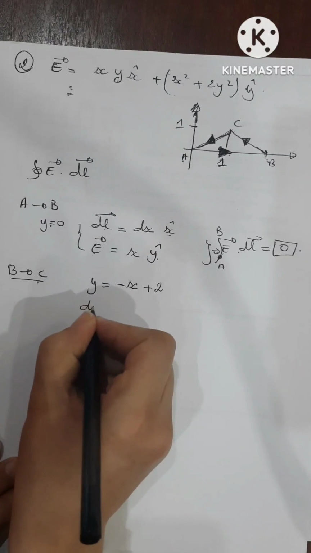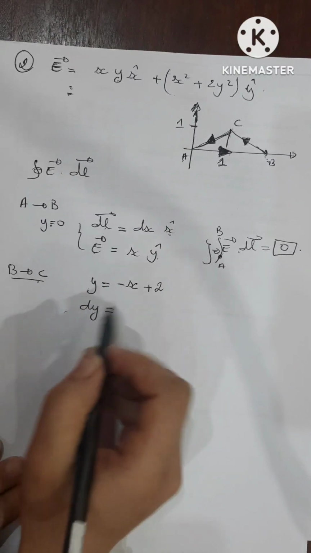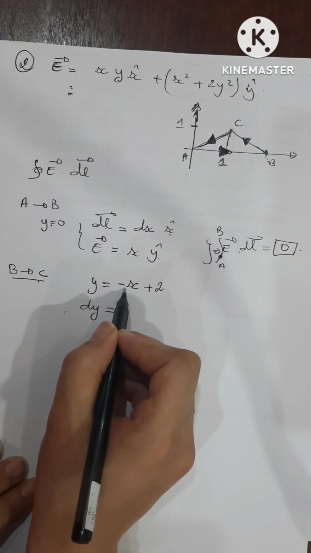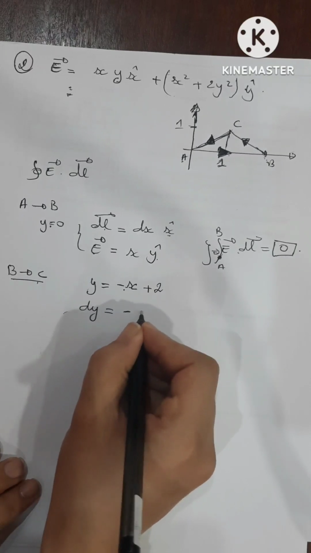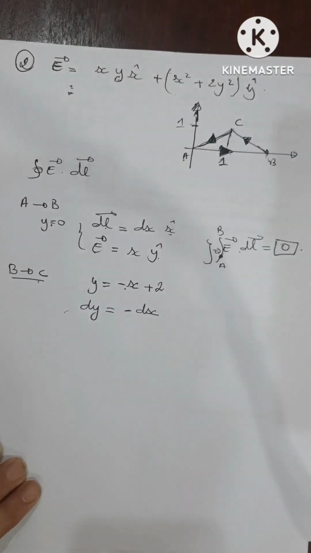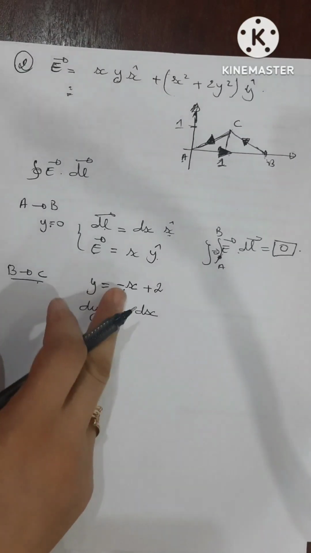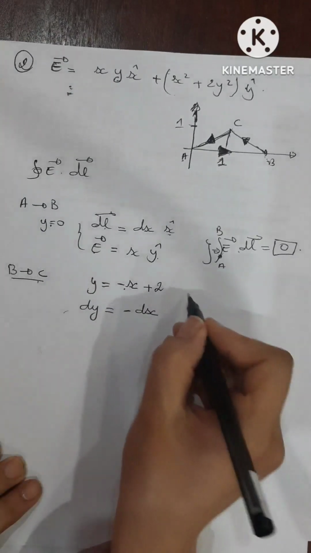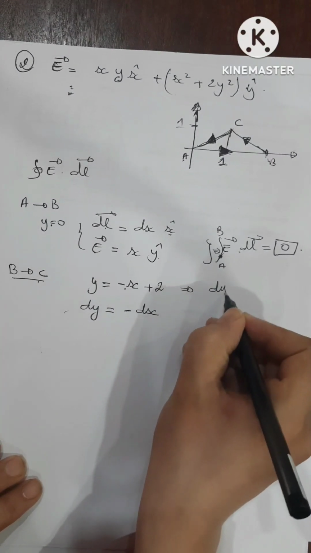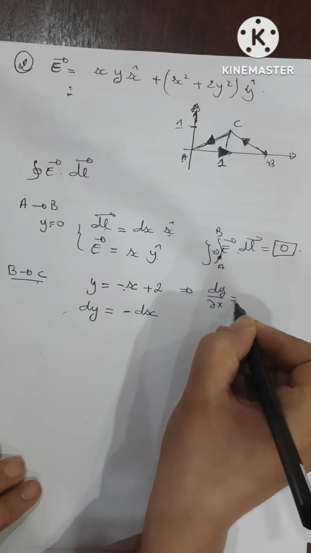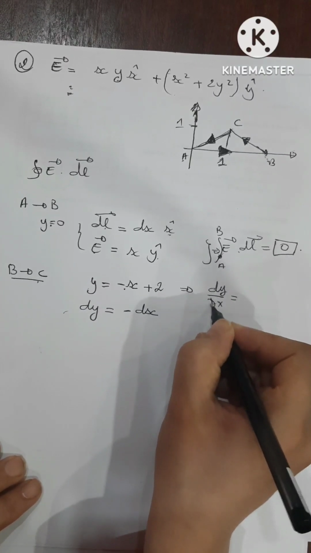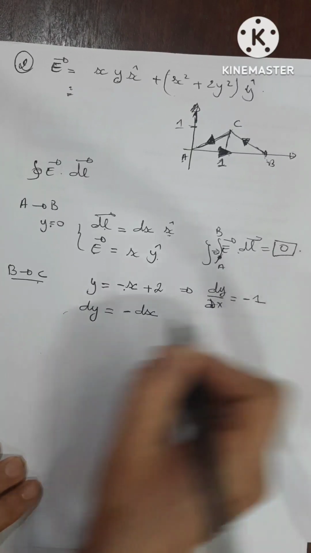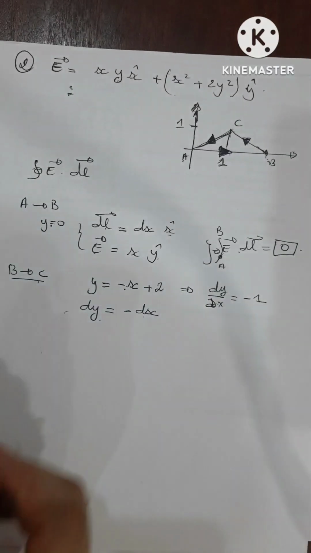So dy equals minus dx. Okay, so dy over dx is minus 1, so dy is minus dx.